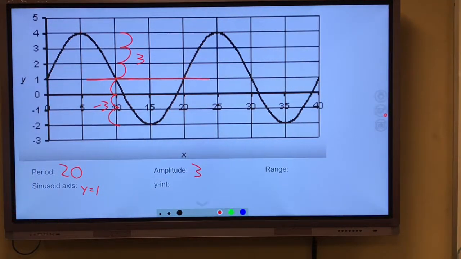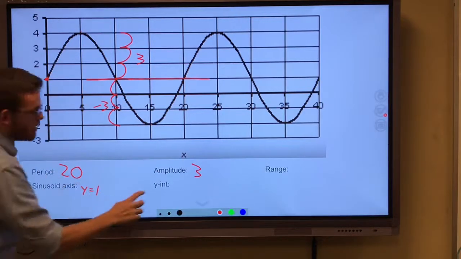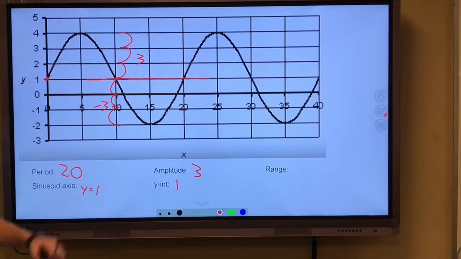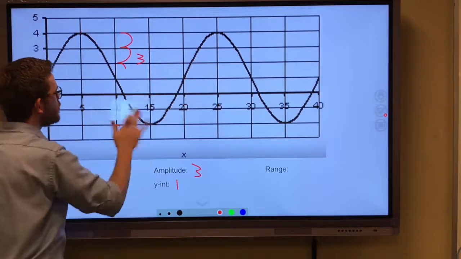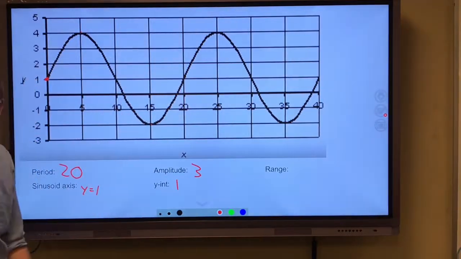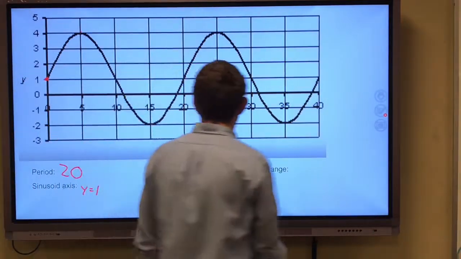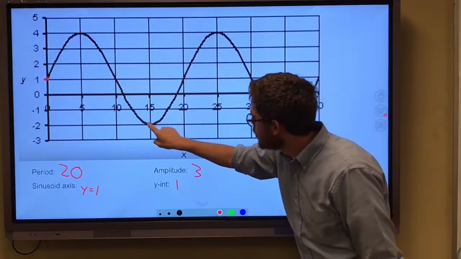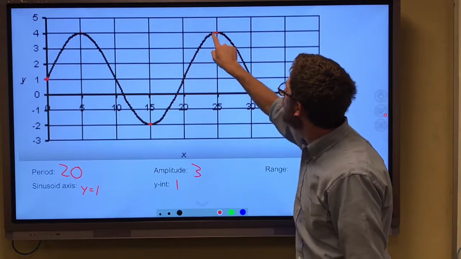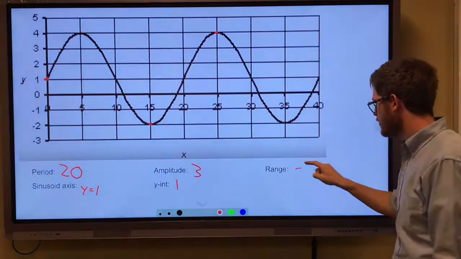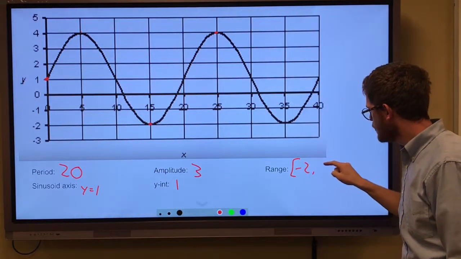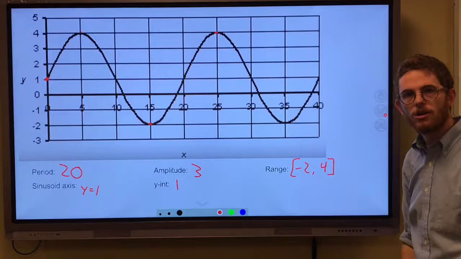The y-intercept, where does it intersect the y-axis? We can see right there, the y-intercept is 1. And the range, what are the possible y values we can get out? Our lowest is -2, our greatest is 4. So this is y values from -2 to 4.